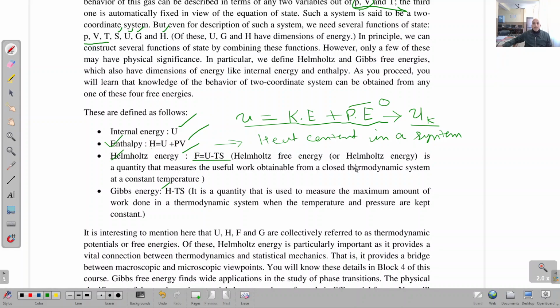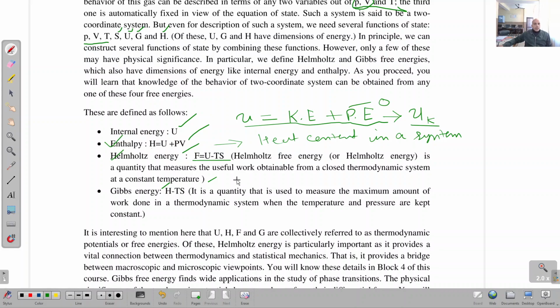Now, Helmholtz free energy is basically a quantity that measures the useful work that is obtainable from a closed thermodynamic system at constant temperature. Here it is very important: the temperature is constant, meaning the process is isothermal.